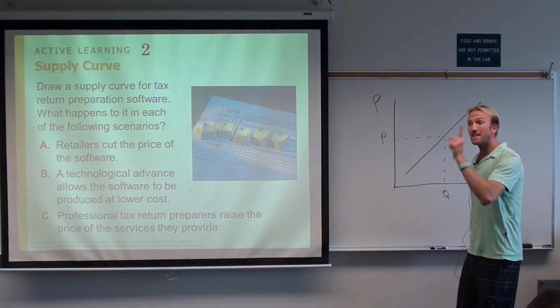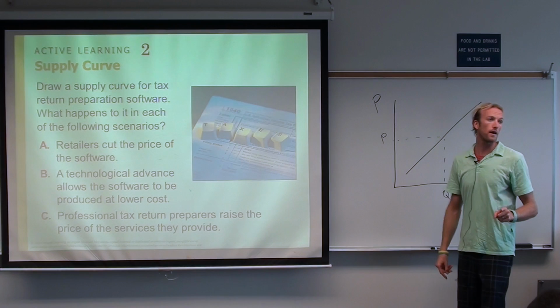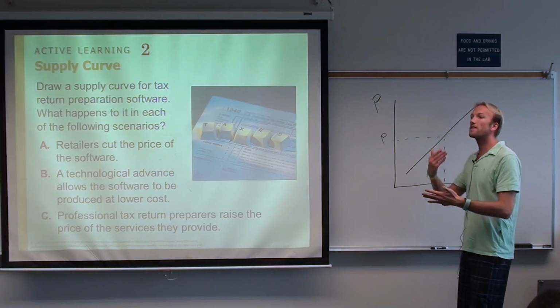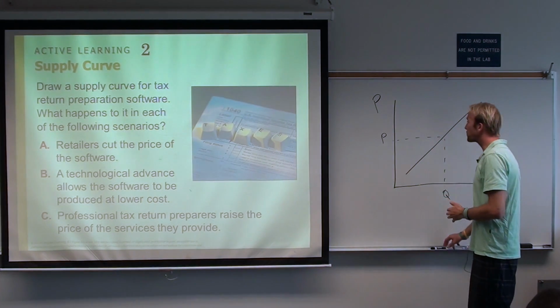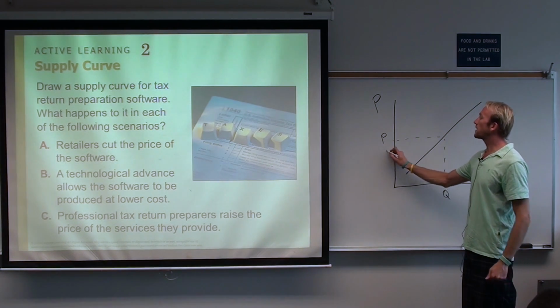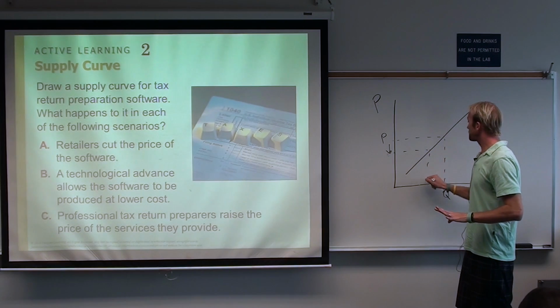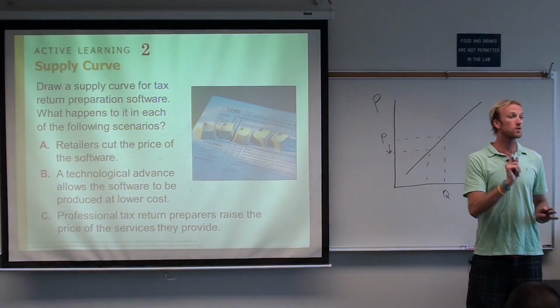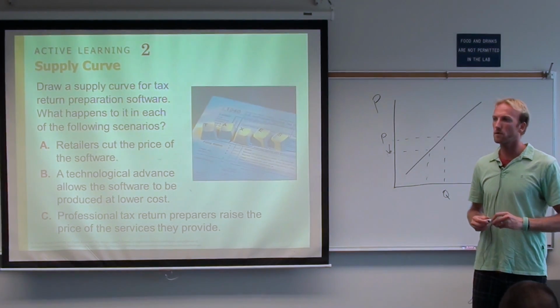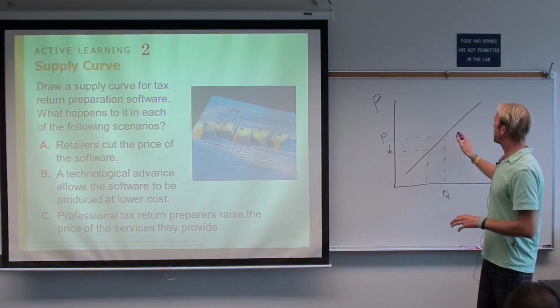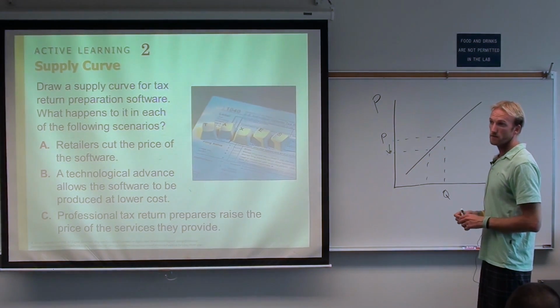So the only thing that does not shift the supply curve is what? The price of the same good, right? And so this is definitely a time when it's just the price of this good is dropping, which does not shift the supply curve, okay? It is only a shift along the supply curve, right?